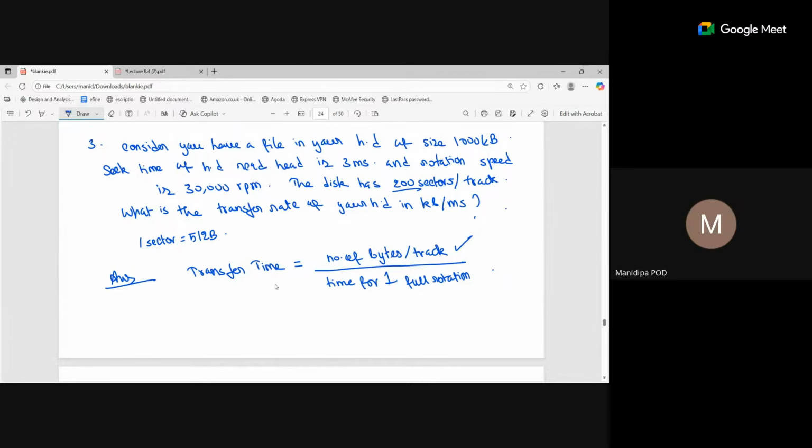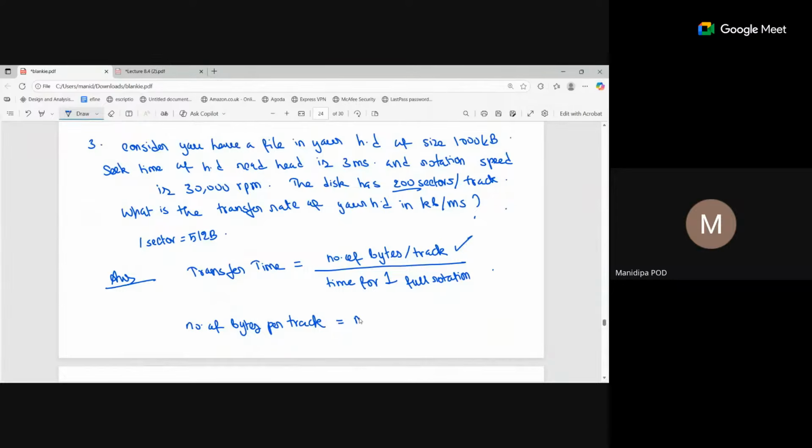Sectors per track is already given. How to find out the number of bytes per track? Number of bytes means how much memory I can store in one track. So what is the smallest unit of storage on a track? Sector.